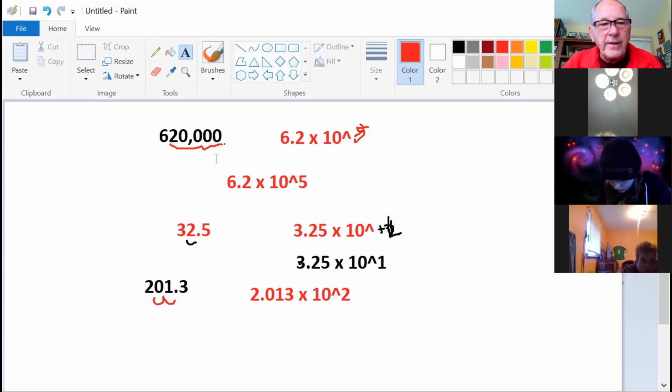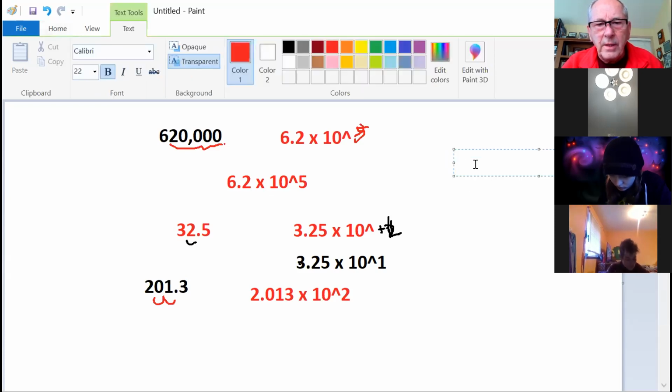Here, with 620,000, we ended up with 6.2. With 32.5, we ended up with 3.25. You see the similarity? We all end up with a whole number from 1 to 9, and then the decimal, whatever is to the right of that. Then you multiply by 10 to the power, whether it's positive or negative.